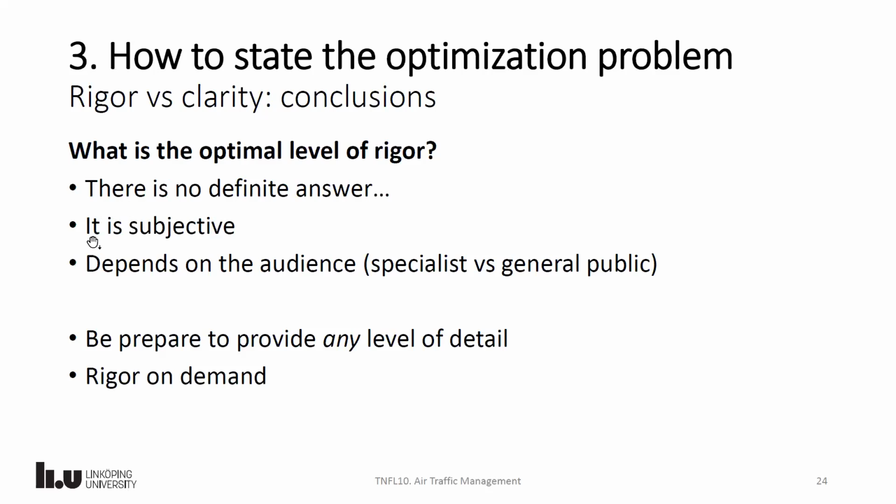So it would be dependent on the audience. So we have the specialists versus the general public. And you should be prepared to provide any level of detail and to provide rigor on demand.